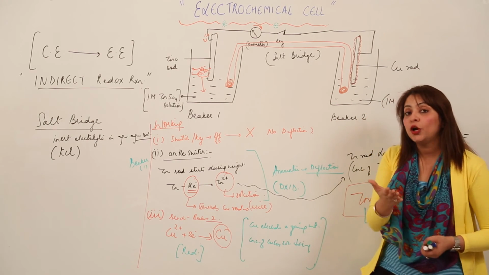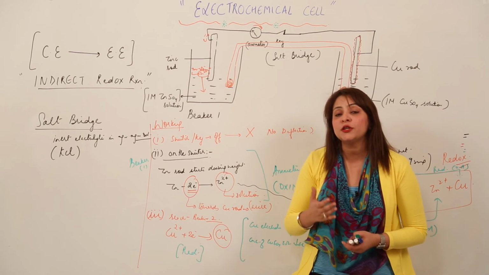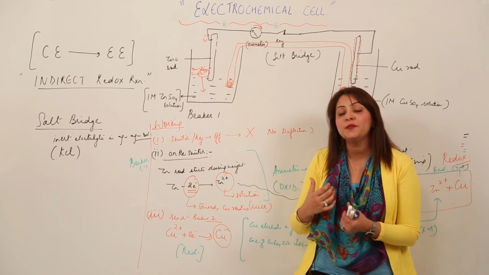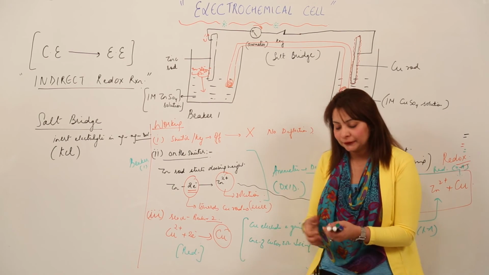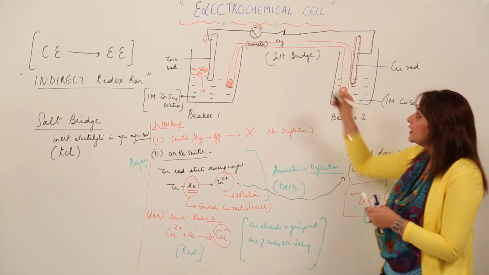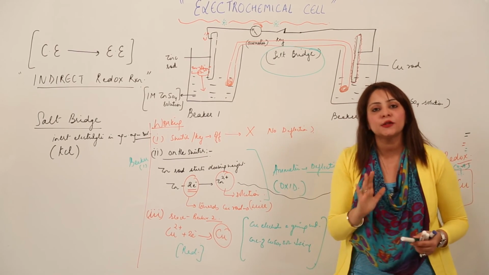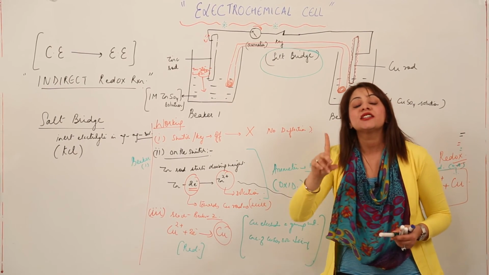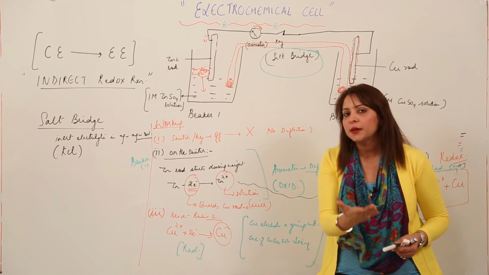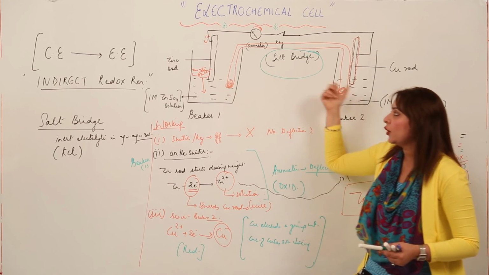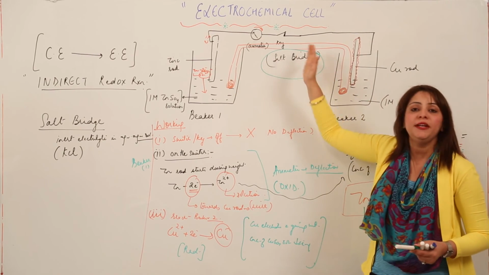As I told you, the salt bridge plays an important role, it is actually playing an important function. So just look at the board to see what important function the salt bridge is playing, right? The first use is that it is just completing the circuit. How is it completing the circuit? As you can see, the rods, or you can say the electrodes, are connected by means of a wire, right?